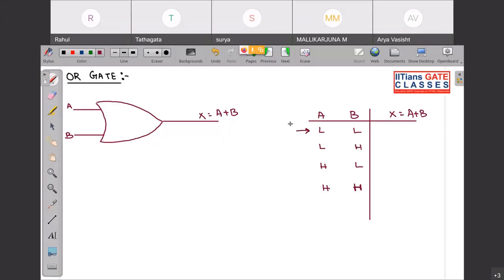For the AND gate, output will be high when all the inputs are high, and for the OR gate, output will be low when all the inputs are low.